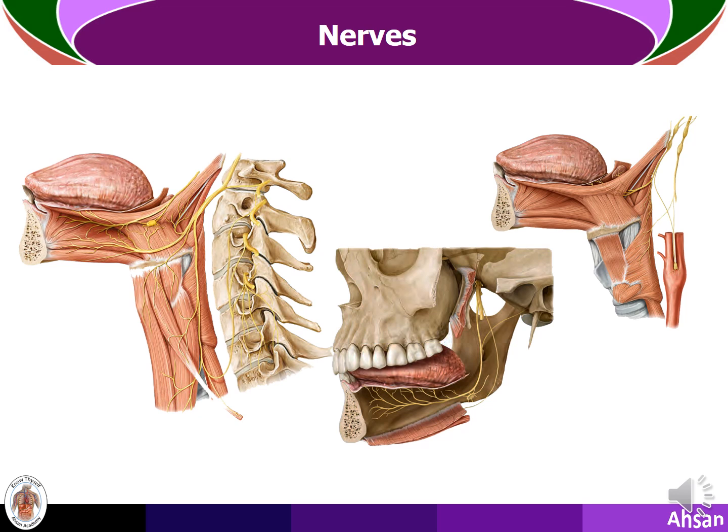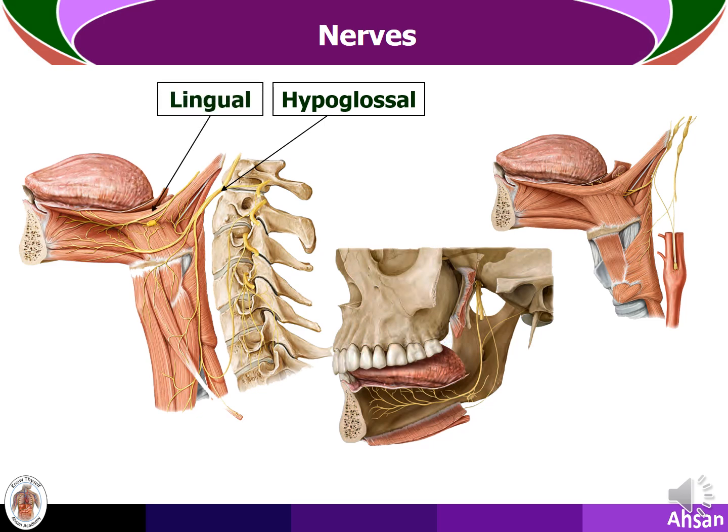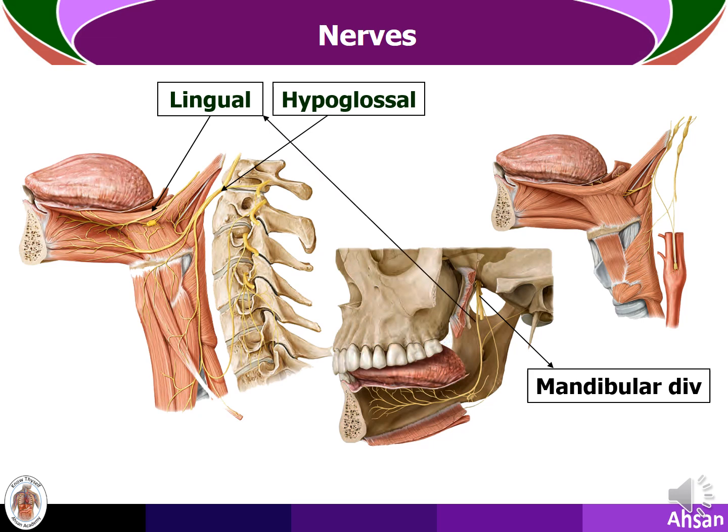Here you can see the nerves in the figure, and I am indicating them by the labeling. This is the hypoglossal nerve coming from the posterior part. This is the lingual nerve, coming from the mandibular division of the trigeminal nerve. You can see this is the mandibular division, and this is the lingual nerve coming from the trunk of the mandibular division.